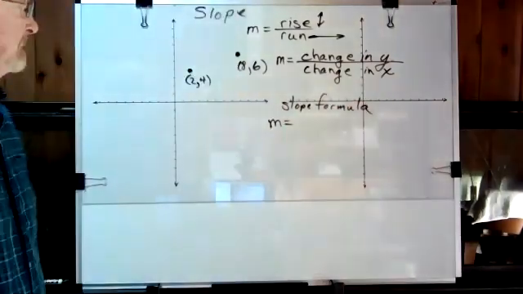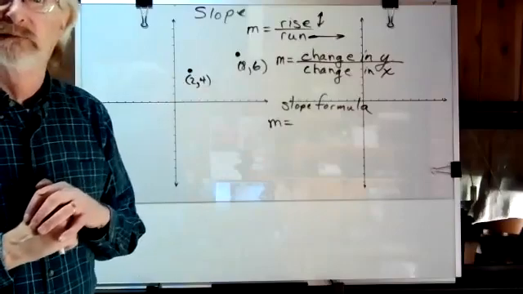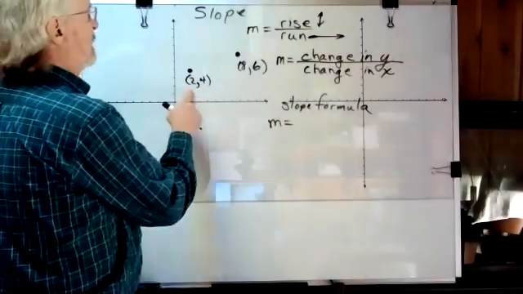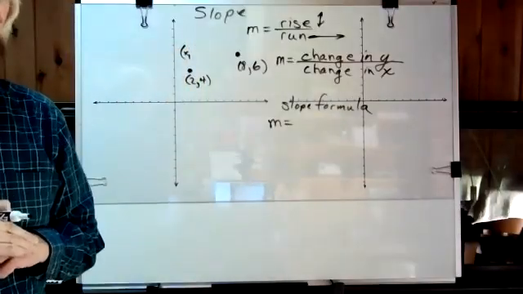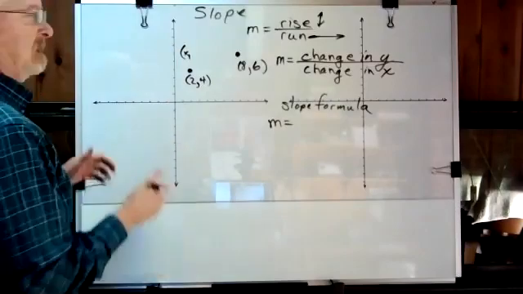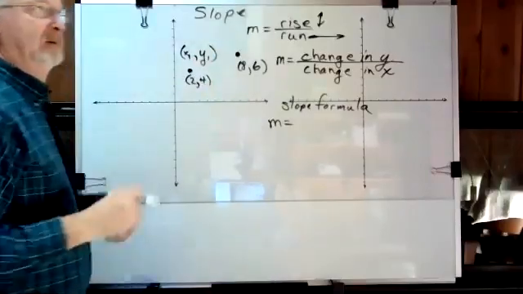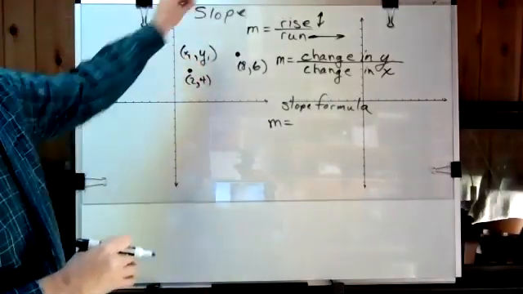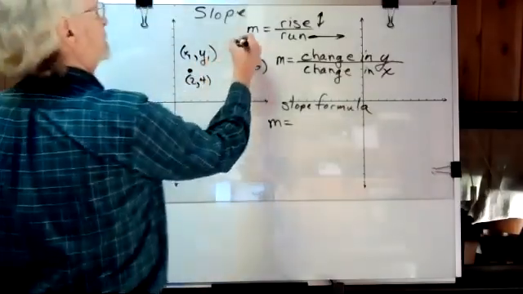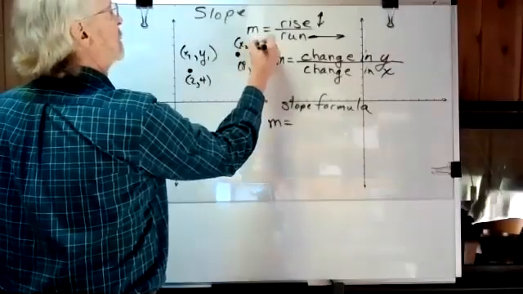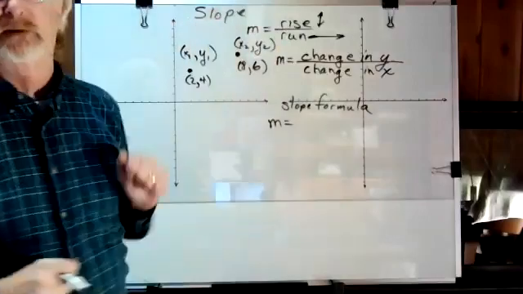Okay, slope formula. I'm going to put some abstract letters assigning this. This is a point, X and Y, and we'll call this point 1, X sub 1, subscript, right? Not an exponent. And it has the Y value, Y sub 1. Could be any point, right? So we call it point 1, X1, Y1. That makes this one point 2, X2, Y2. Again, could be anywhere. I can call it point 1, point 2.